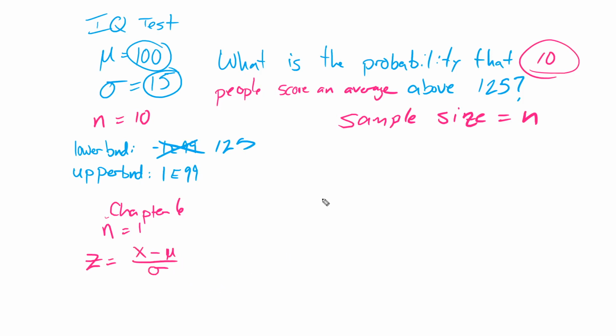But in chapter 7, when n is bigger than 1, because you can't have a negative sample size, our new formula is z equals x bar minus mu over sigma divided by the square root of n. That is our new formula for z.